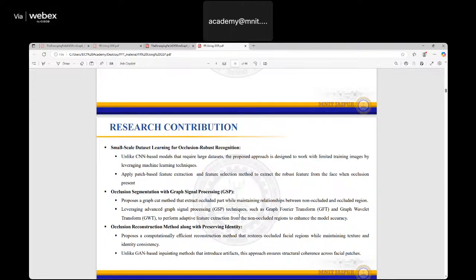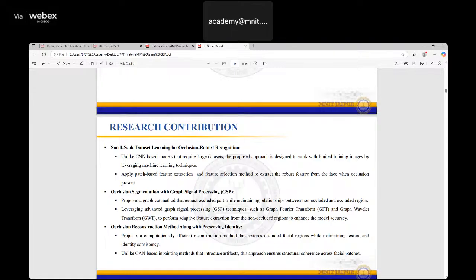Occlusion segmentation with graph signal processing. Here, a graph cut method has been proposed that extracts the occluded part while maintaining the relationship between non-occluded and occluded regions.